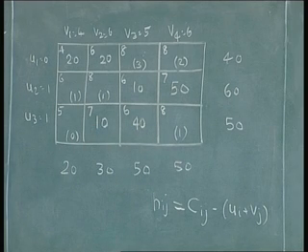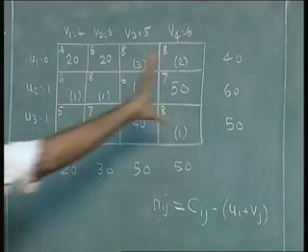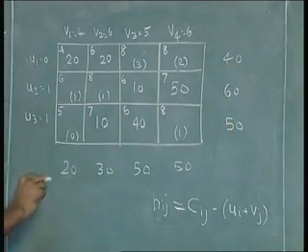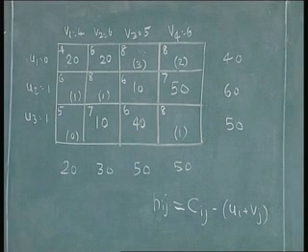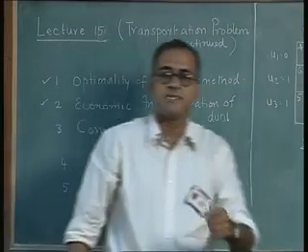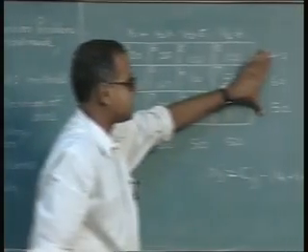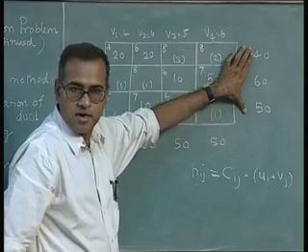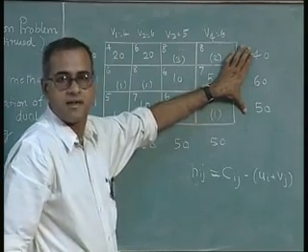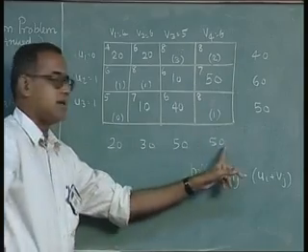If on the other hand, let us look at the problem in a different way. There are some supply points and there are people who have these 40, 60 and 50, as well as people who need these 20, 30, 50 and 50. Rather than directly transporting it, let us assume that there is a third party person who is interested in buying all these things from the suppliers, and then selling these to the demand points.